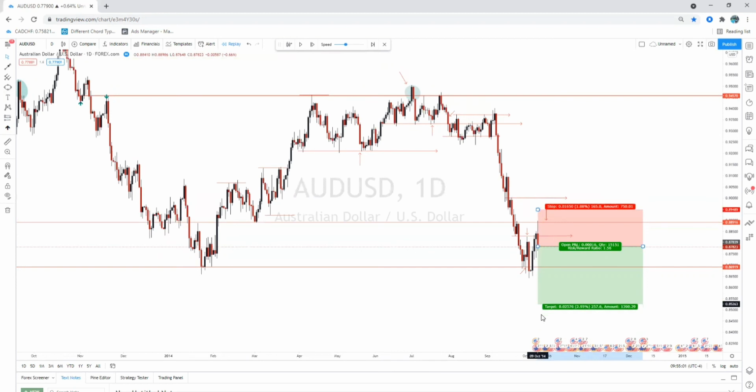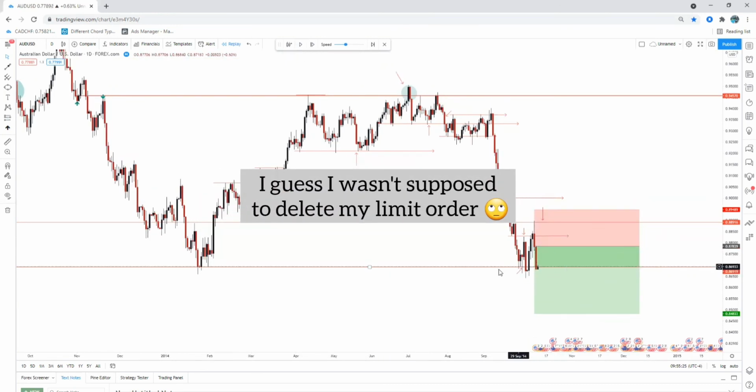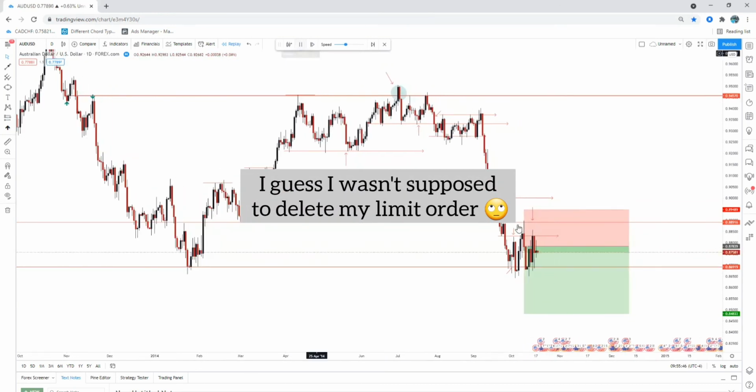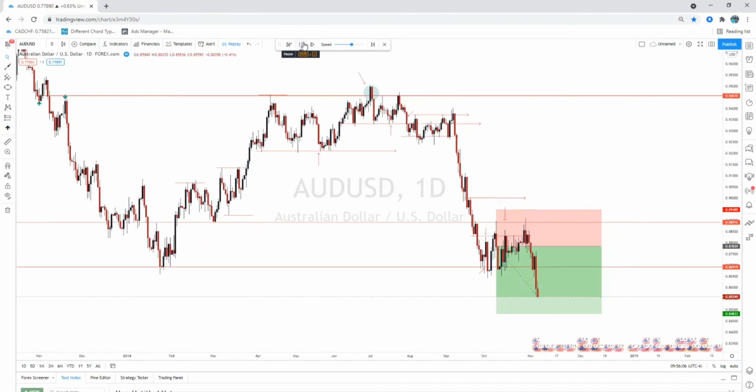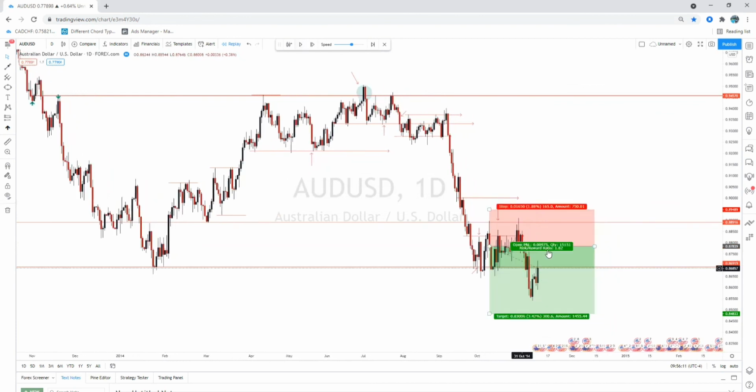I think because it's a correction, we're gonna break this level, and yeah, let's wait and see. Let me leave this position open with the 2 to 1 RR.